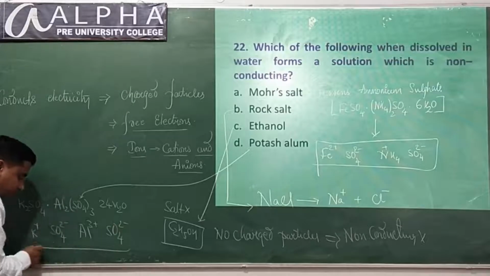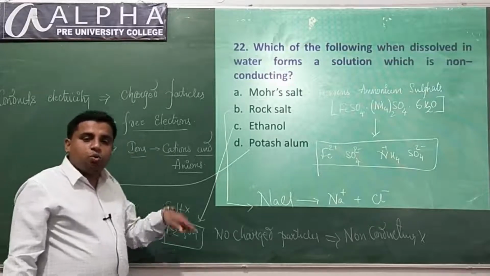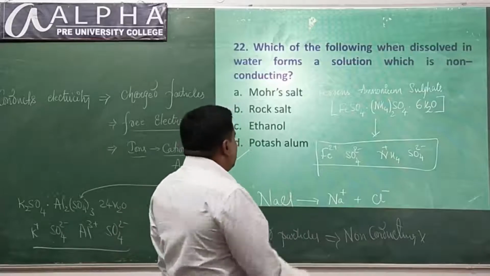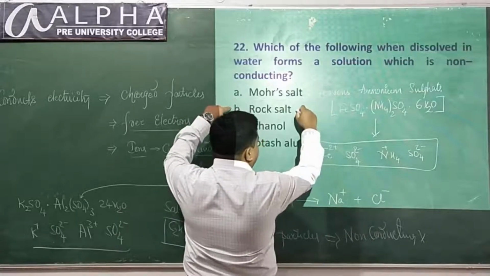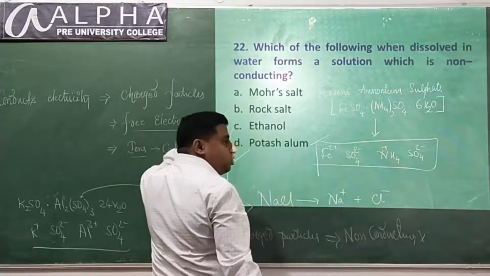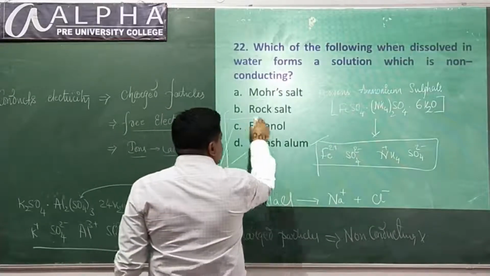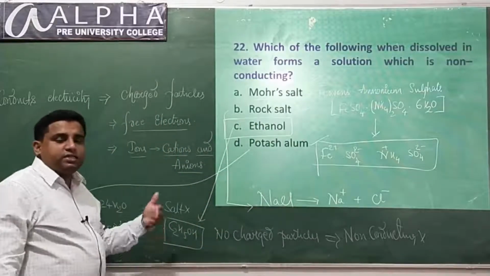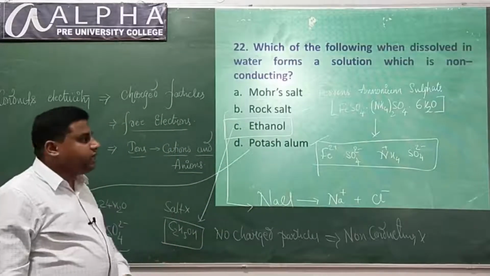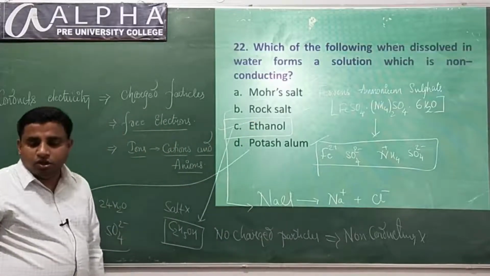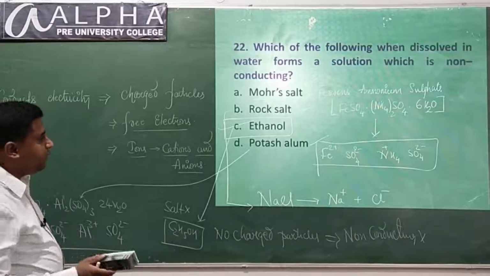This is giving charged particles when dissolved in water. Charged particles means the solution is conducting. So, Mohr's salt solution is conducting, rock salt solution is conducting, potash alum solution is also conducting, but ethanol solution is non-conducting because there are no charged particles, since ethanol will not undergo ionization in water. Hence, the answer is option C. Option C. Simple. That's great.